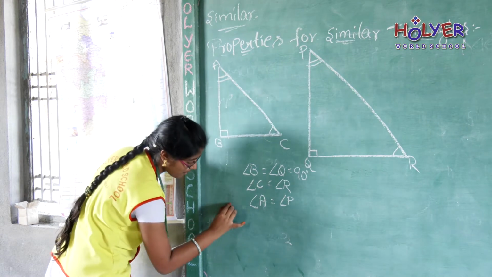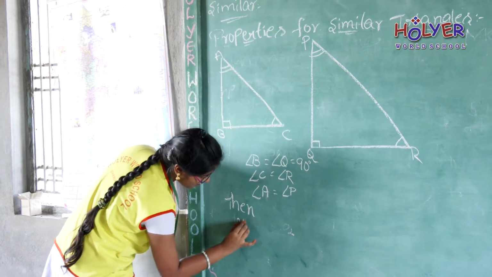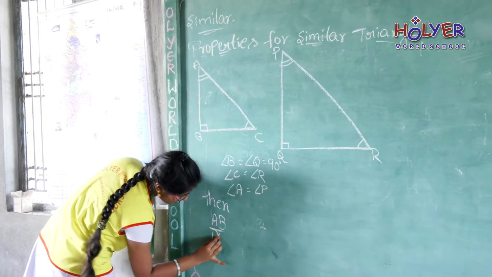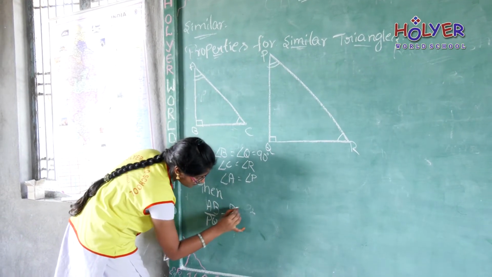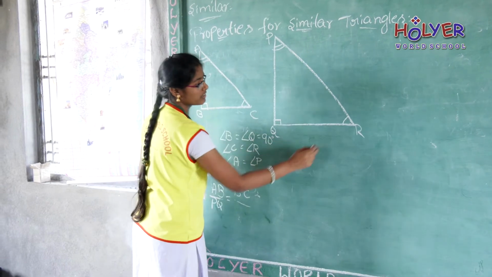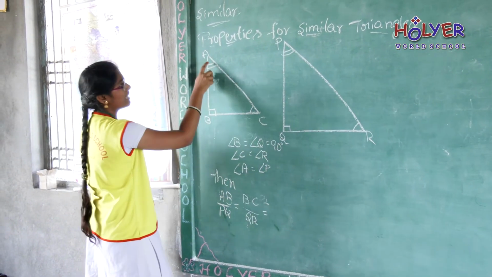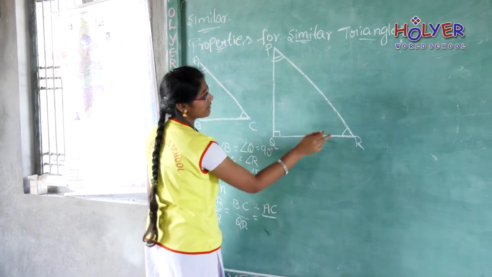Then AB by PQ is equal to BC by QR is equal to AC by PR.